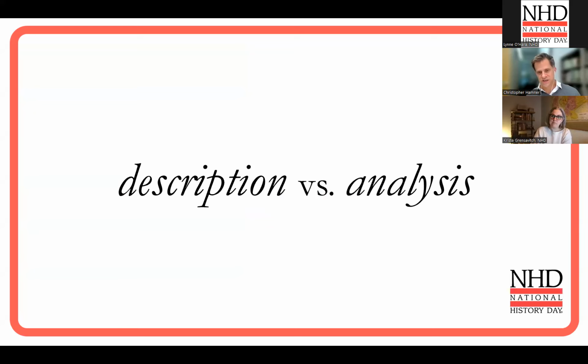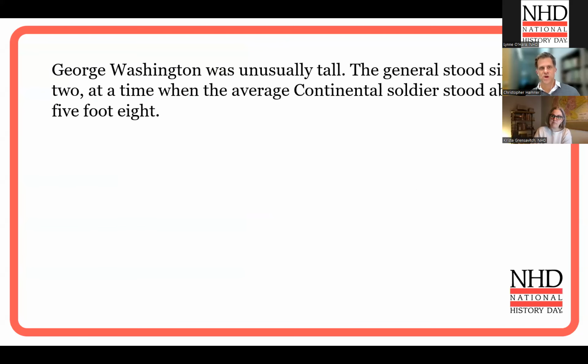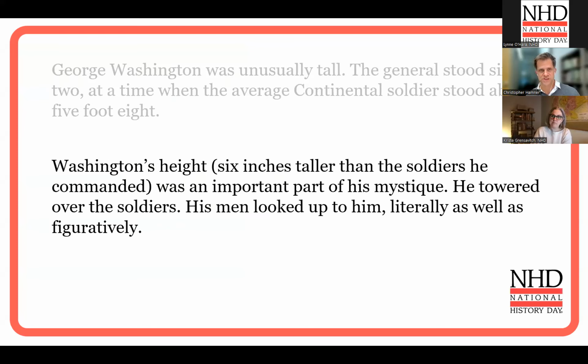So we talked a little bit in webinar 3 about the difference between descriptive writing and analytical writing and gave some definitions. We also looked at some examples. This paragraph strikes me as very descriptive in that it's giving kind of verifiable factual information that we could confirm in primary sources.